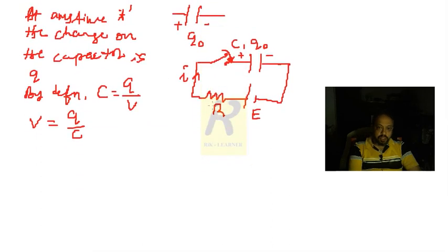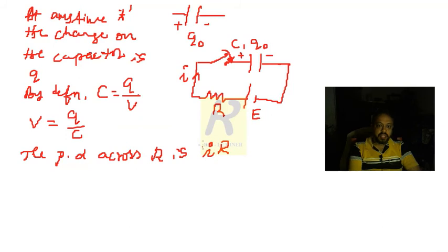Further, the potential difference across this resistor is to be found first. The potential difference across R is I into R, right.